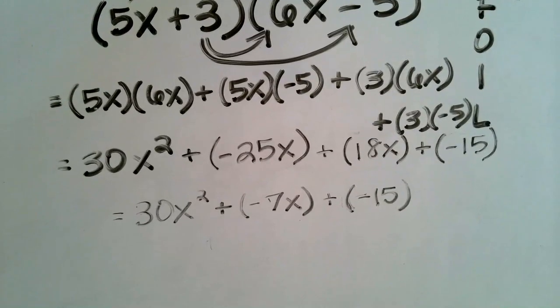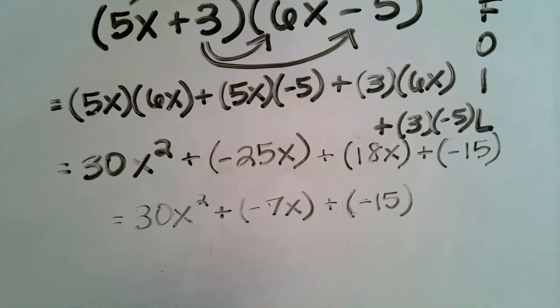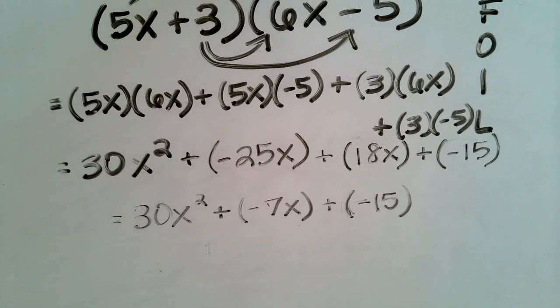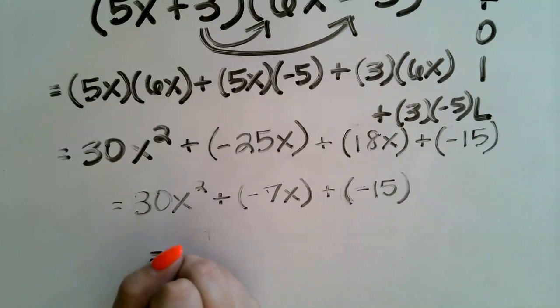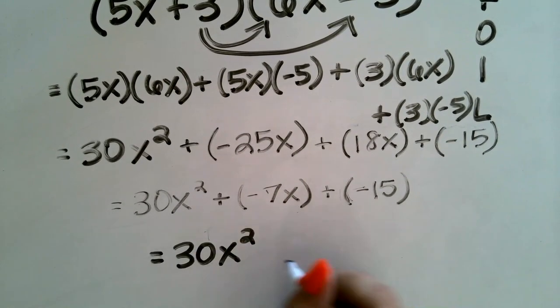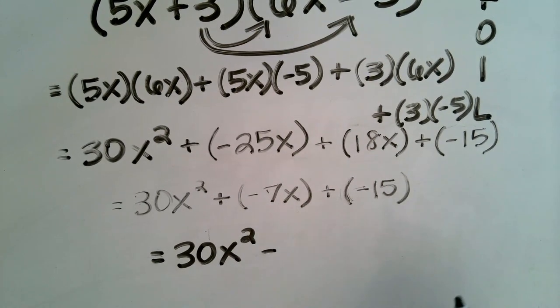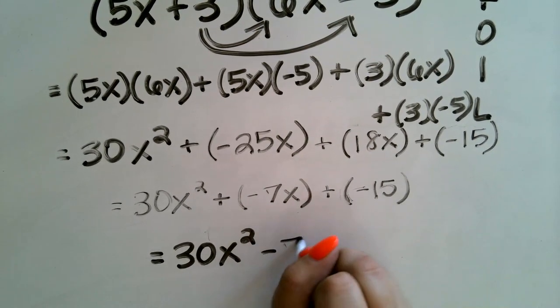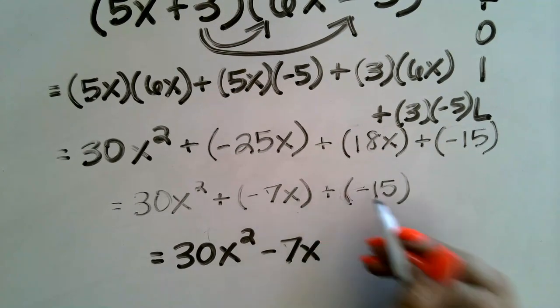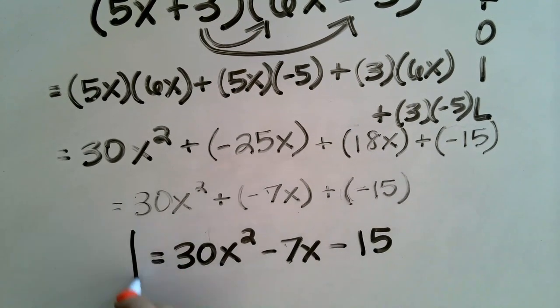Okay, and then finally, let's just clean it up a little bit, and we end up with 30x to the second minus, remember adding a negative is the same thing as subtraction, 7x minus 15.